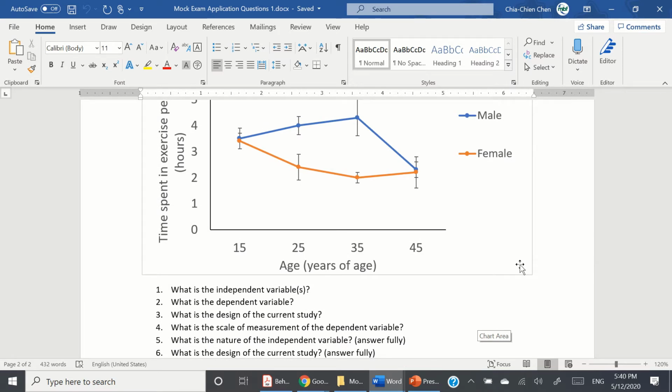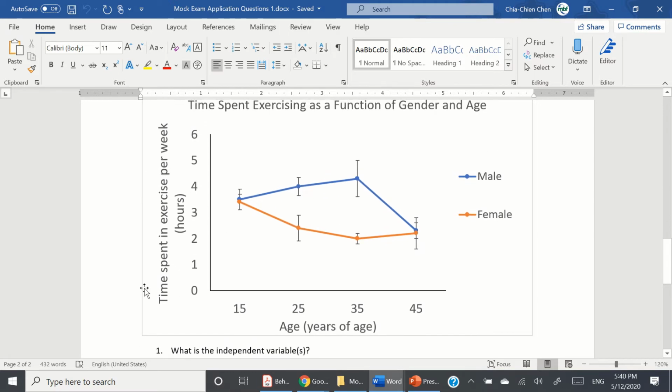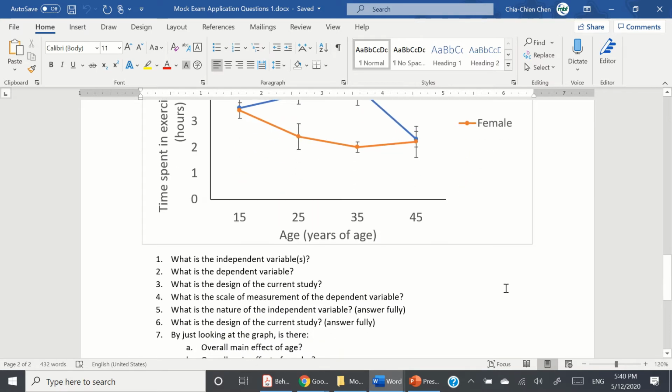Okay, so there are two independent variables: the age of the participants, and the second one is the sex of the participants. Number two, what is the dependent variable? Well, the dependent variable is exactly what it says here: time spent exercising per week, in hours. And number three, what is the design of the current study? Okay, so I'll write it down here.